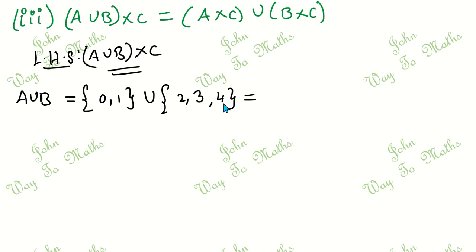So here I am going to take the union. So 0 1 2 3 4 is the union set for A union B.